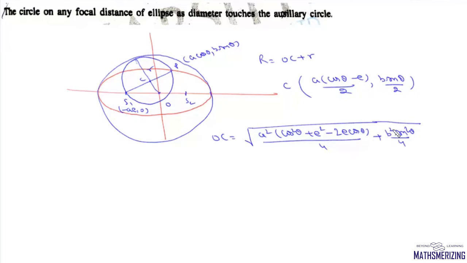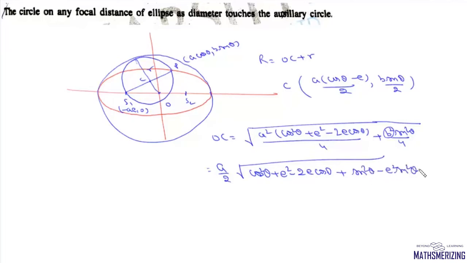Now what we'll also do is write b square as a square into (1 minus e square). So we'll take this a square upon 4 common. So we'll write a upon 2 and then it will be cos square theta plus e square minus 2e cos theta and then plus (1 minus e square) sin square theta. So it will be sin square theta minus e square sin square theta.